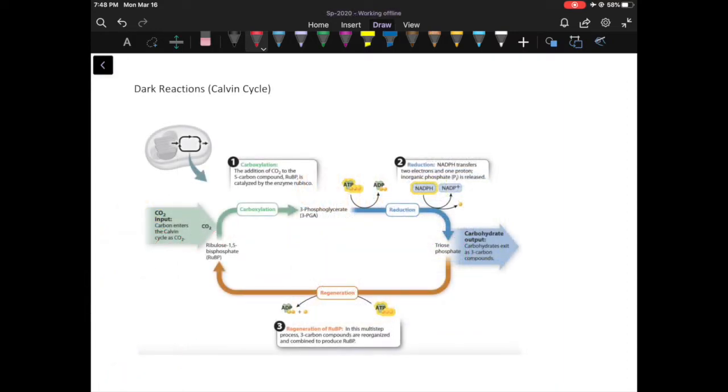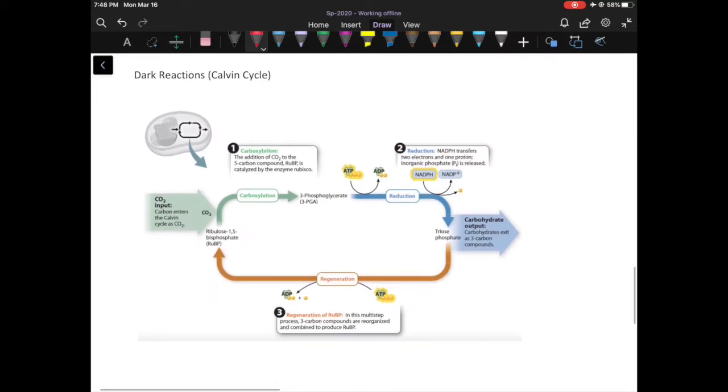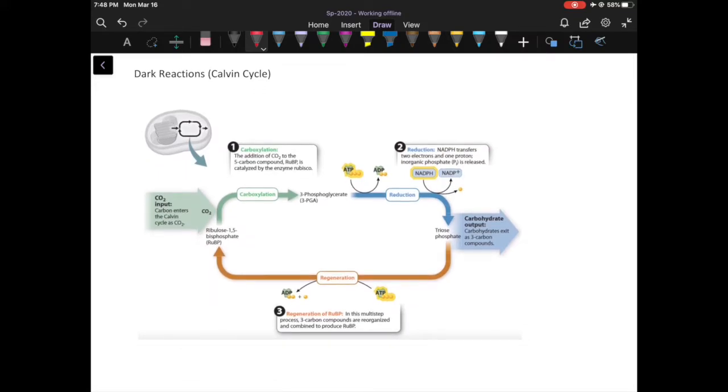So now moving on to the dark reactions, also known as the Calvin cycle or the carbon assimilation reactions. Basically what happens here is after we get those ATP and NADPH from the light reactions, they're going to be used to assimilate carbon molecules that eventually become more complex sugar like glucose.